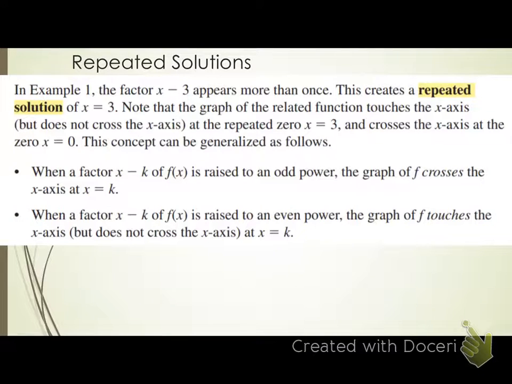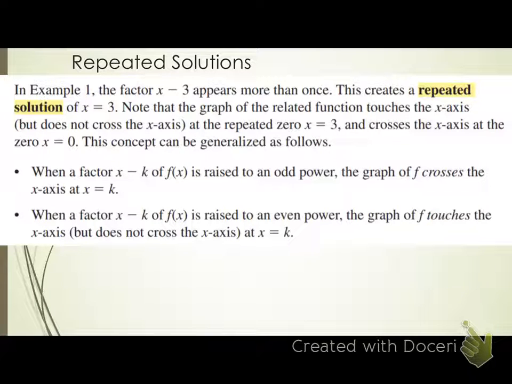So you don't necessarily have to write all of this. I would definitely write these 2 bullet points down though. But before you sit there and start writing and tune me out, listen up here real quick. Let's talk about this top portion. In example 1, the factor x minus 3 appears more than once. This creates a repeated solution of x equals 3.